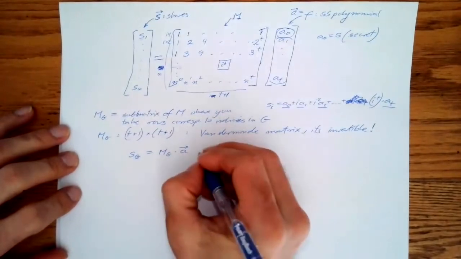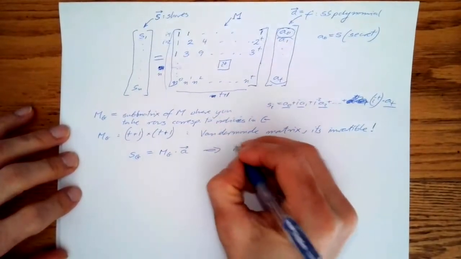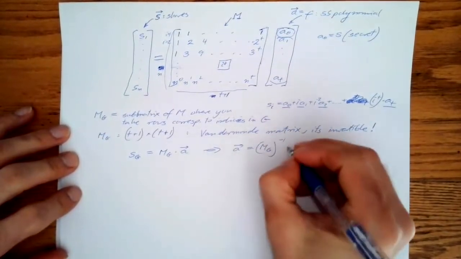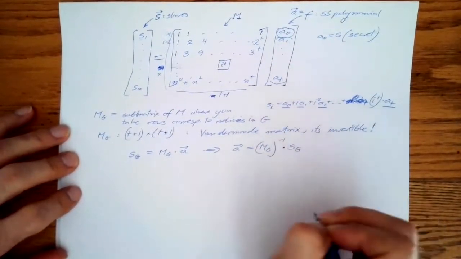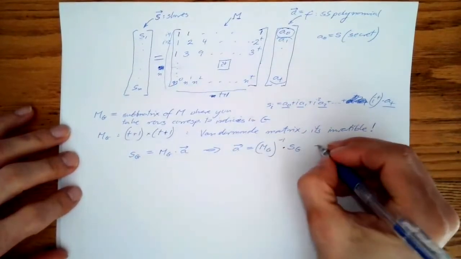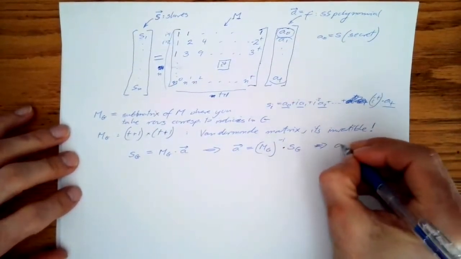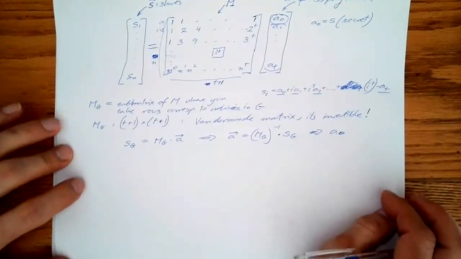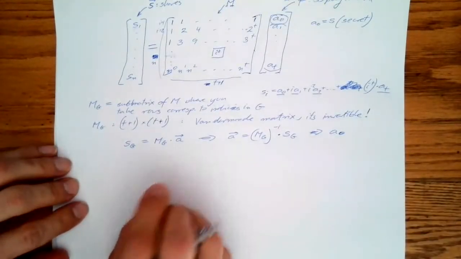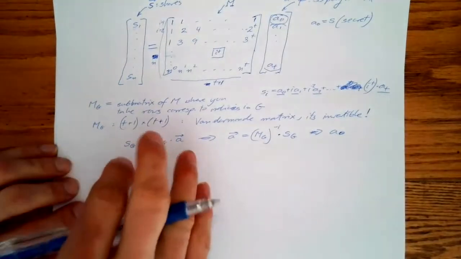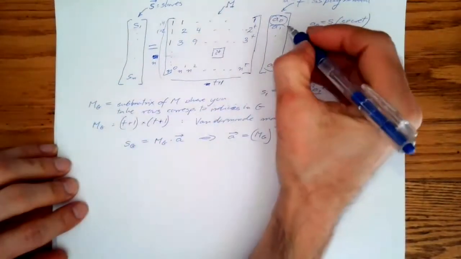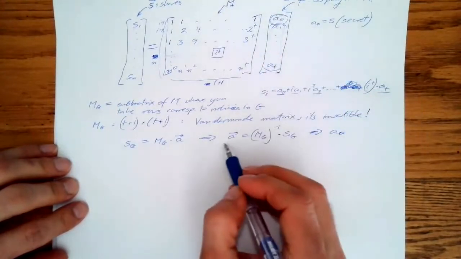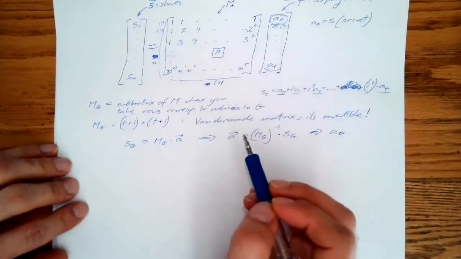Okay, and therefore it follows that the A vector can be reconstructed as an inverse of this matrix times S_G, and in particular, this gives you A0. In this reconstruction, you're actually not interested in computing all of these.